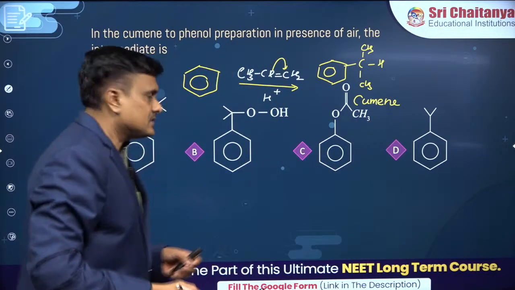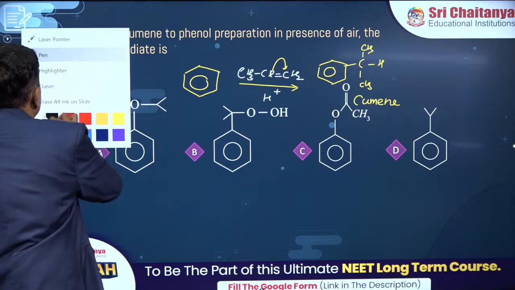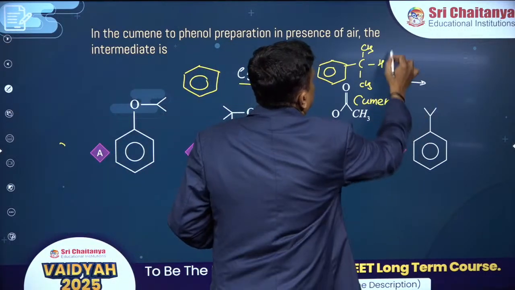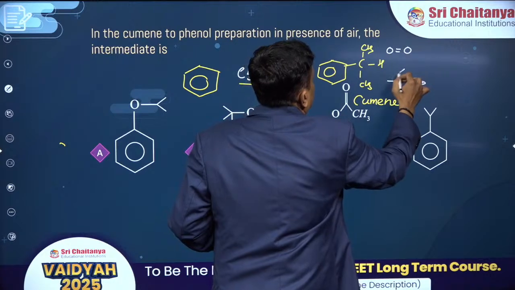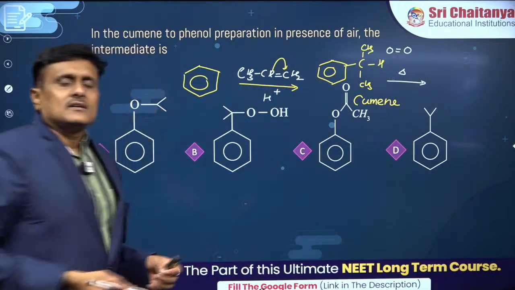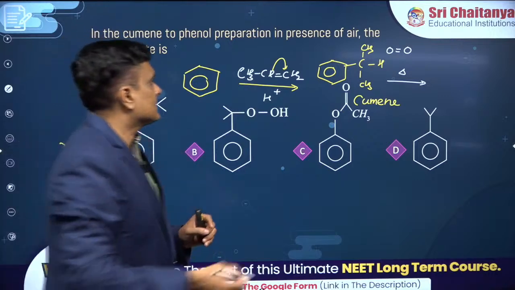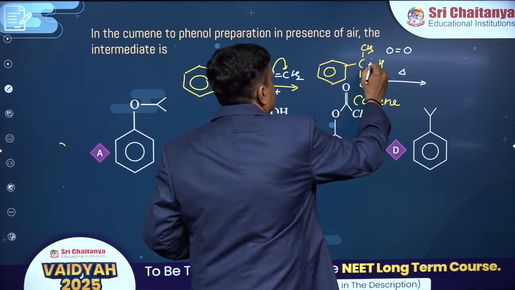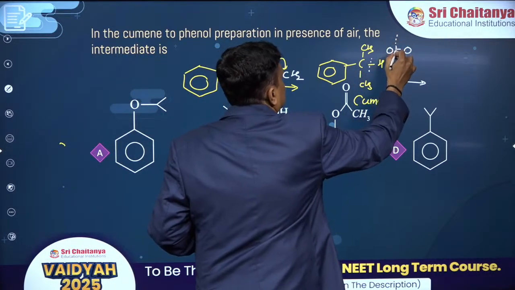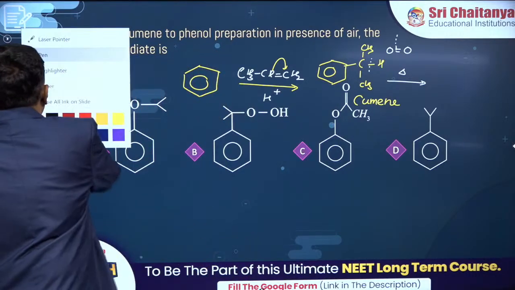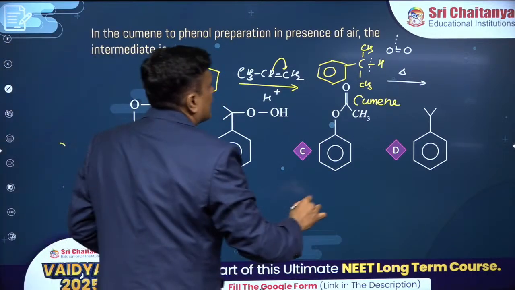Now this cumene, when subjected to aerial oxidation, that means when reacted in presence of air, the most stable free radical, that is 3-degree benzylic, would be formed, which will associate with the oxygen molecule from the air to give you cumene hydroperoxide.